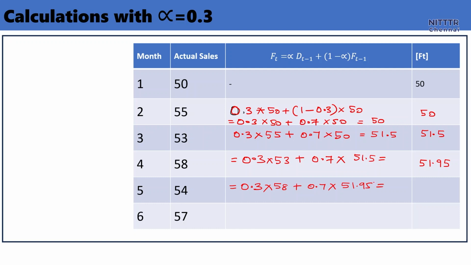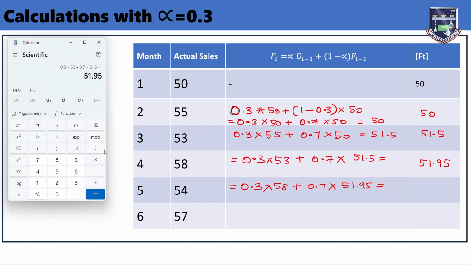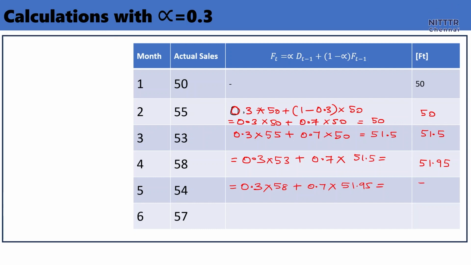Upon calculation, 0.3 into 58 plus 0.7 into 51.95 is equal to 53.765. The forecasted data is 53.765, whereas the actual demand is 54.